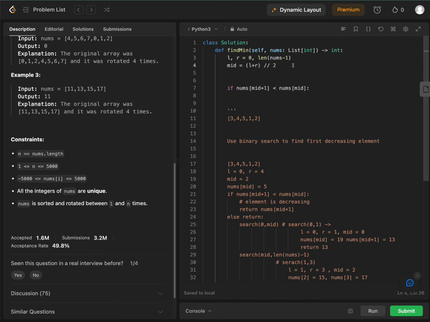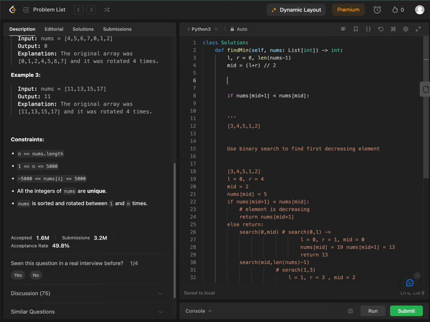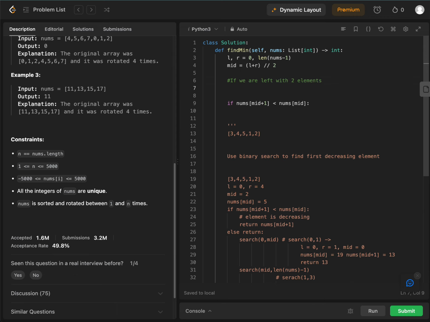Since we round down, the base case is, if mid is 0 and 1 or 3 plus 4, right?